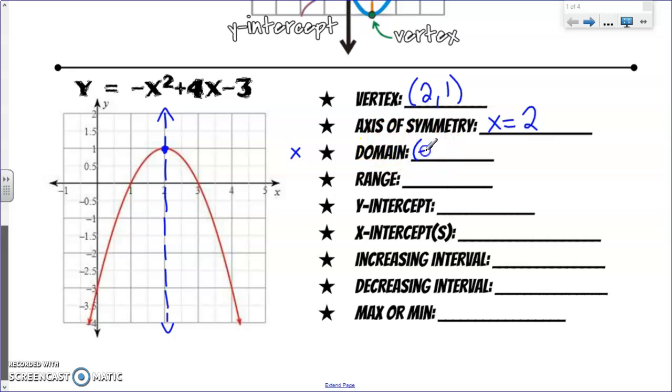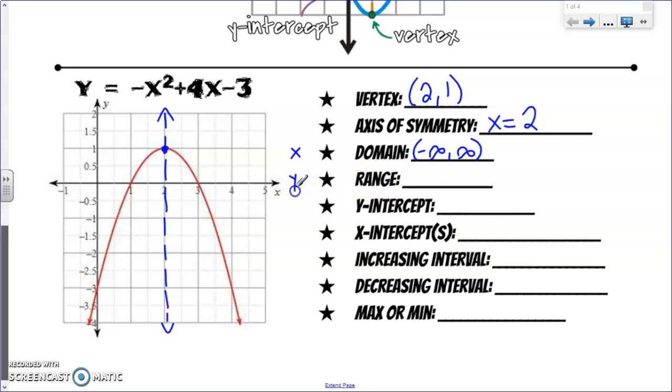So we're going to put negative infinity to positive infinity because you read x from left to right. And we know when we go to the left, it's negative infinity. Go to the right, it's positive. Because there's not any x values that I could not put in place of x in this function that would not output a y. Does that make sense? So it's always going to be all real numbers unless we're talking about a real life situation.